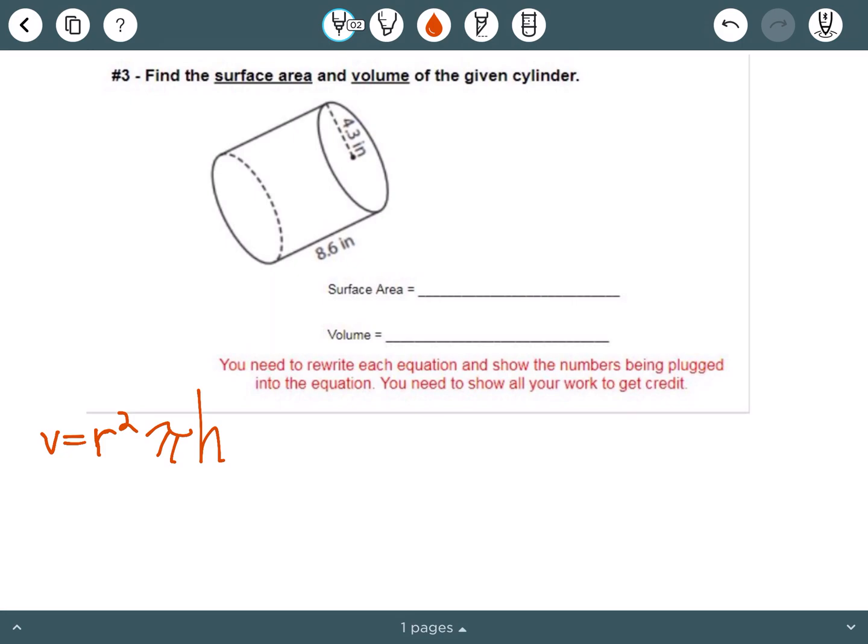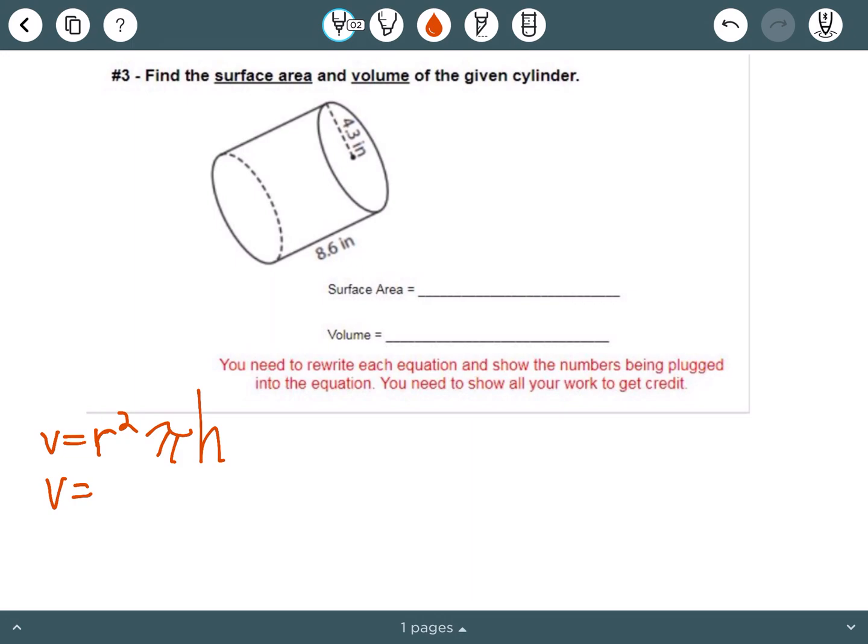So again, what we want to do is just plug in. And this is what those red directions are saying. They're saying, hey, just make sure you're doing what you've always been doing. So we know that you know how this works.